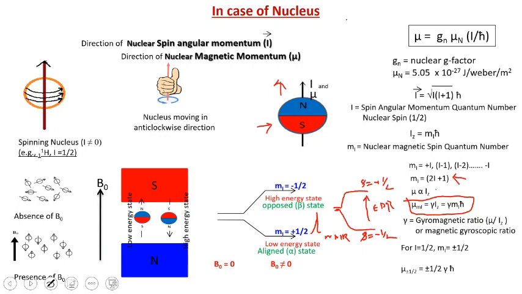The number of quantized states for the hydrogen nucleus with I equal to 1 by 2 is 2, which is calculated by this same formula.